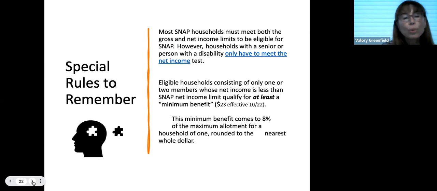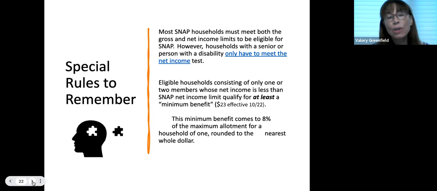Two important rules to remember as we go forward and do this budget worksheet. Most SNAP households must meet both a gross and net income limit to be eligible for SNAP. Those gross and net limits are listed on Appendix A1.